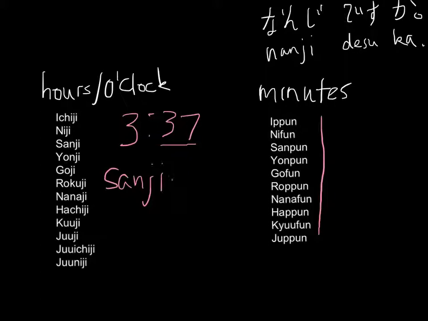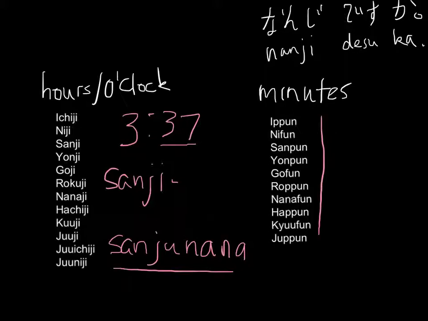So after sanji, I'm going to say sanju nana. But of course, this isn't the minute counter yet. What I do for that is take the last number of that, nana, and change it into the minute counter.